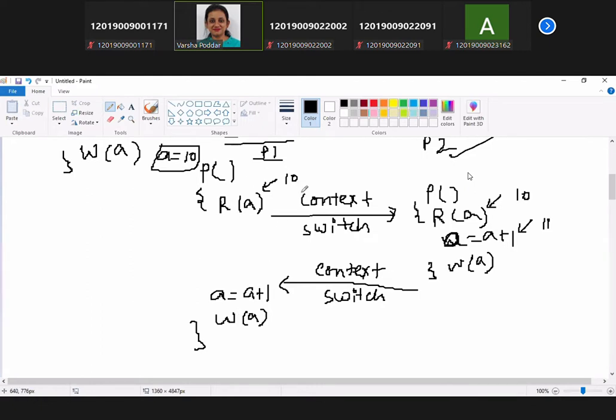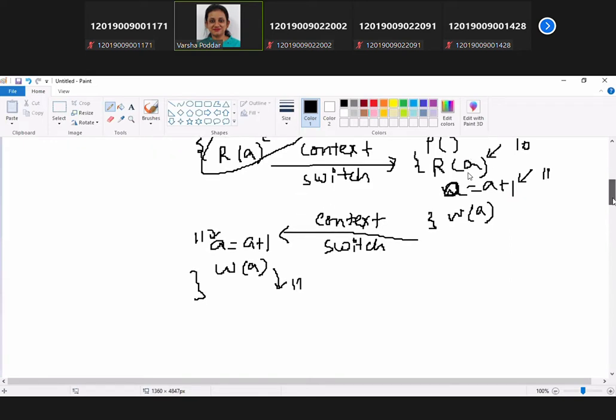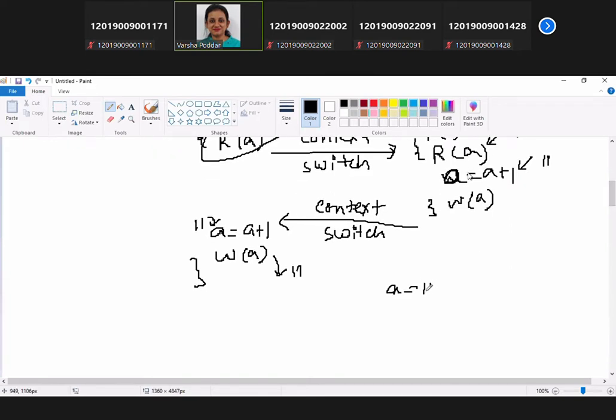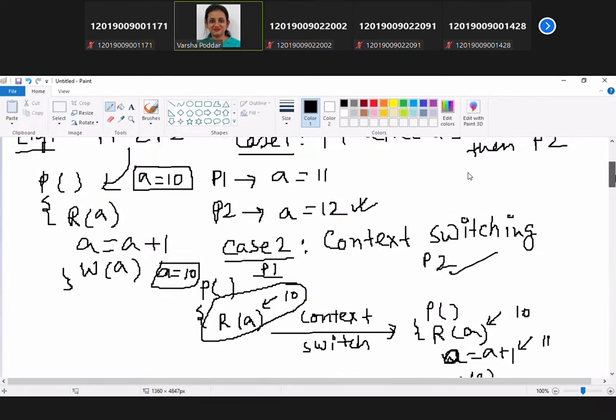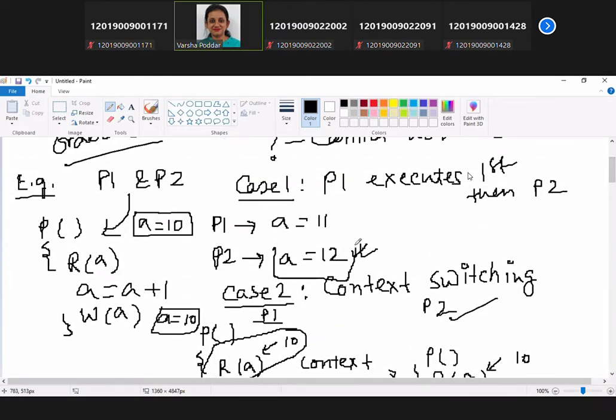P1 will work with the value it has read, because P1's cache is maintaining P1's read. So P1 reads 10, adds 1 to get 11, and 11 is written on the memory. So my final value of A is 11, whereas in the earlier case my value of A became 12.